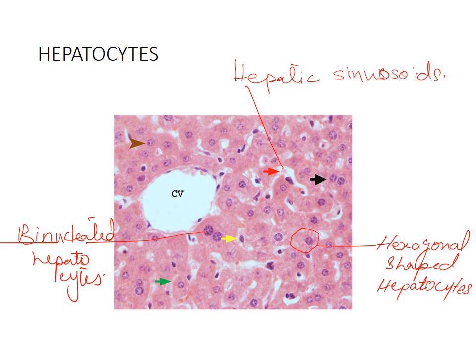Now, in H&E stained sections examined under the light microscope, the cytoplasm of hepatocytes generally stains acidophilic because of the presence of abundant mitochondria and smooth endoplasmic reticulum. However, some basophilic regions can also be distinguished, which represent cisterns of rough endoplasmic reticulum.